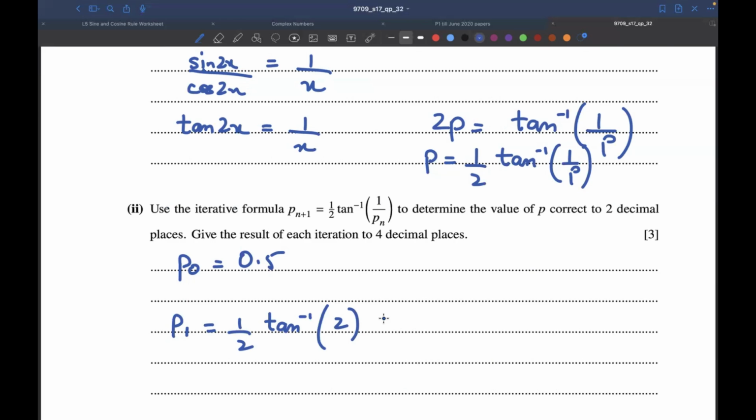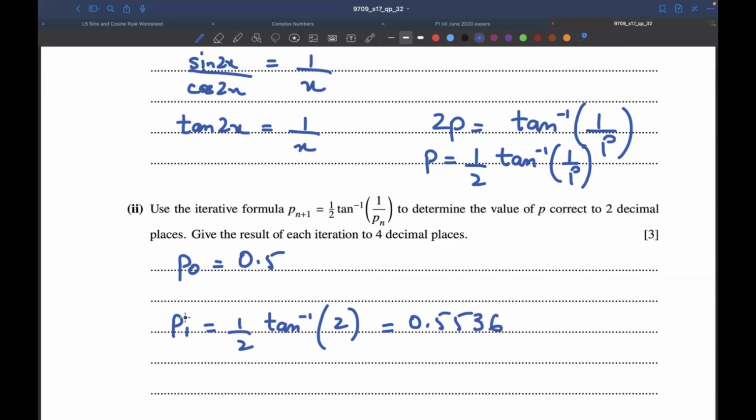Shift tan inverse of 2, and we have to make sure that our calculator is in radian mode. Okay, so shift tan inverse of 2, that is 1.11, and then we'll divide our answer by 2, so we'll get 0.55. We have to give our answer to 4 decimal places, so that is 0.5536.